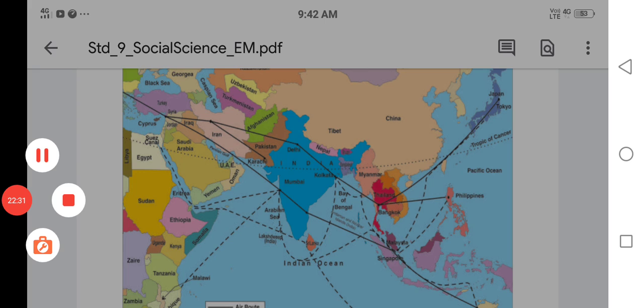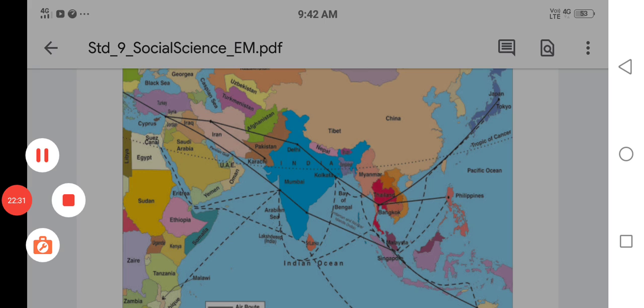See, now let's discuss the map. India lies in southern Asia, that you know very well. It is surrounded by three seas: the Arabian Sea, the Bay of Bengal and the Indian Ocean. Now you can find the Tropic of Cancer. Very nice. The African continent, how many countries are there?